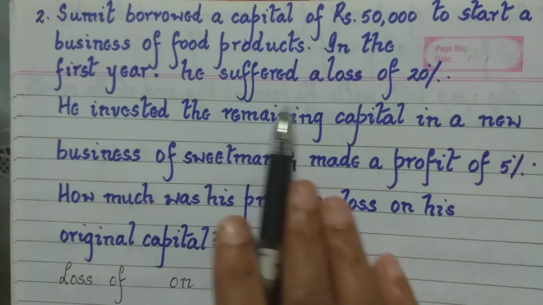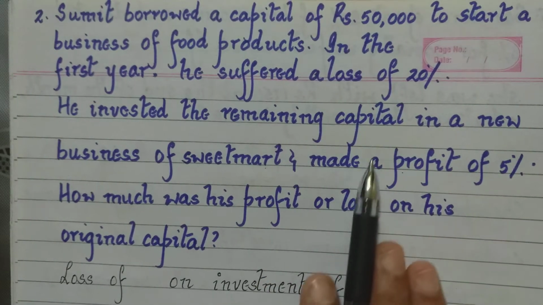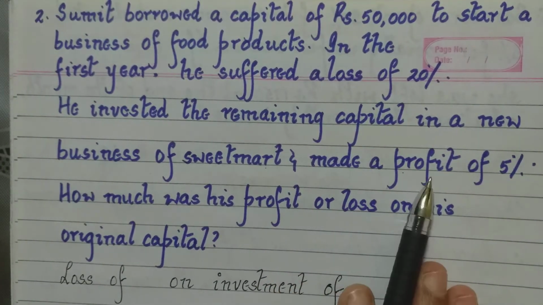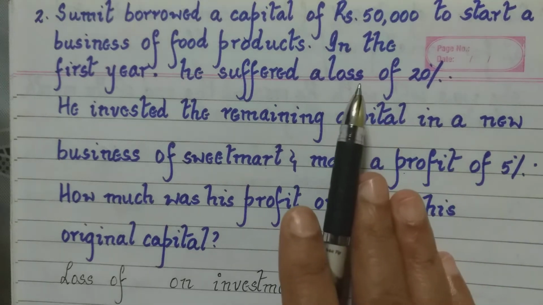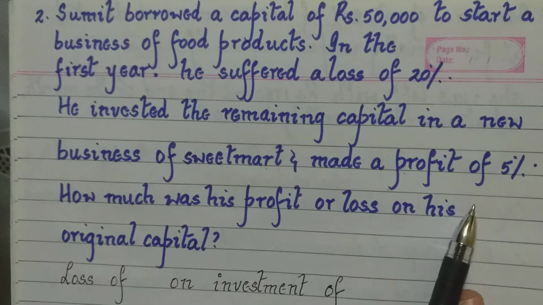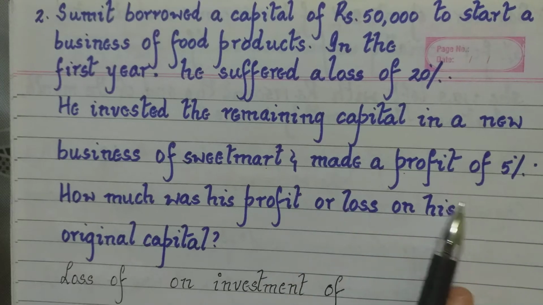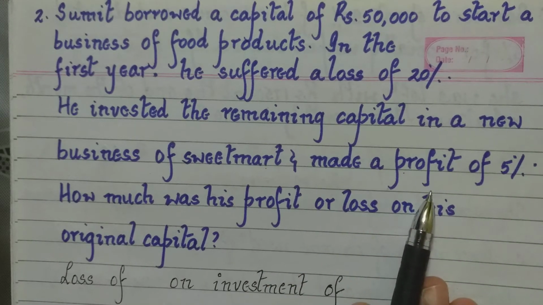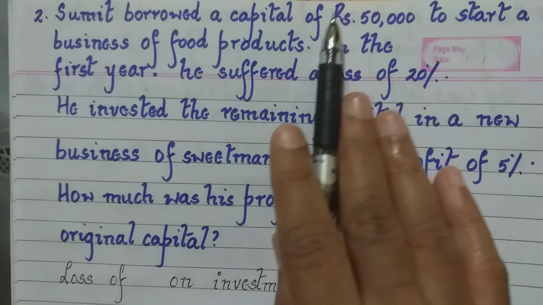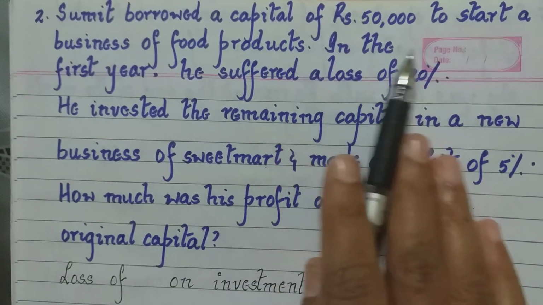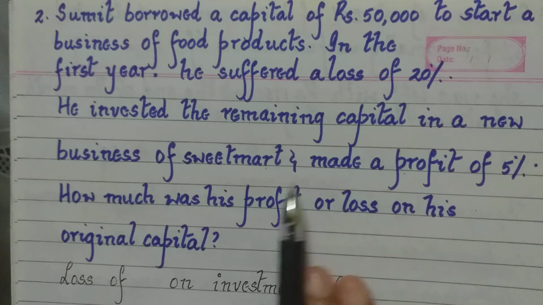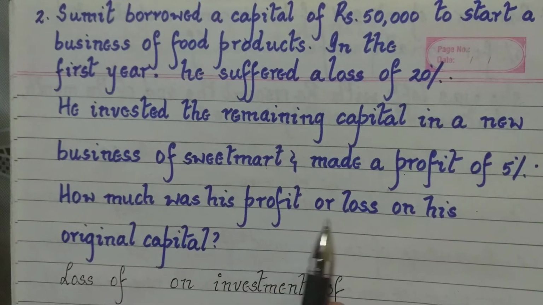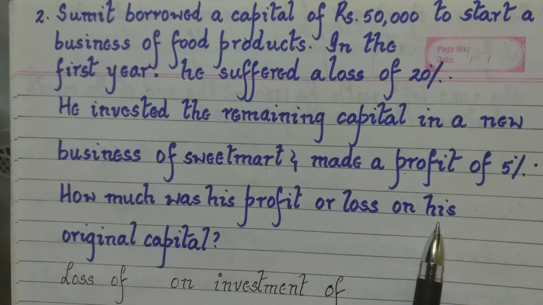Now this remaining capital plus the profit is the total amount with him. We have to see whether that is greater, or the amount which they have started with, that is 50,000, is greater. Once we compare those two, we can be sure whether it is a profit or a loss.